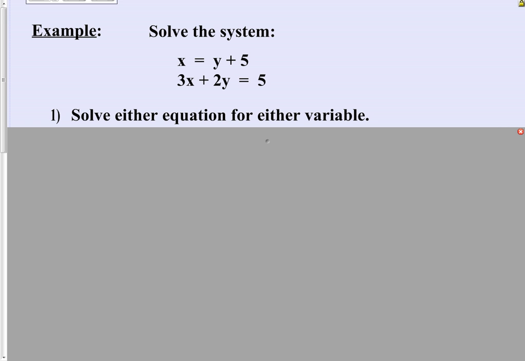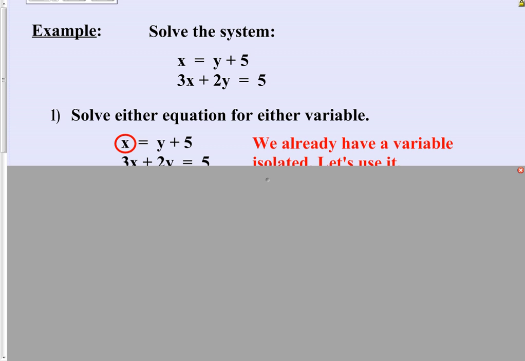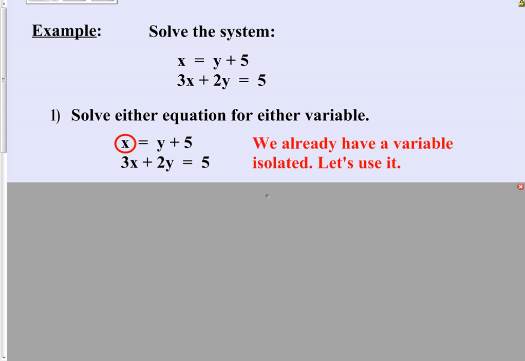Well, actually the first equation looks very good because x is already isolated. That is a perfect situation for using the substitution method. Since x is already isolated, we already have a variable. So let's just use that one. Let's continue on.